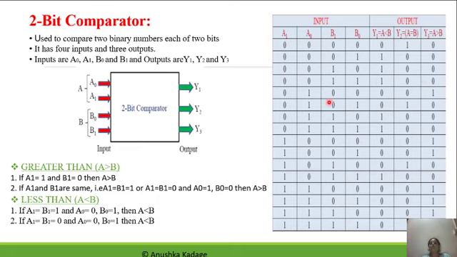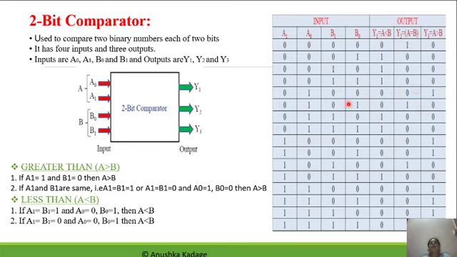So again the output for A less than B is set to 1, and the other two outputs will be 0. Next we go to the combination of A1, A0, B1, B0 as 0, 1, 0, 0. Compared to B0, A0 is greater, and A1 and B1 are both 0, so they are equal, but A0 is greater than B0, so here the output A greater than B is set to 1 and the other two outputs are 0.